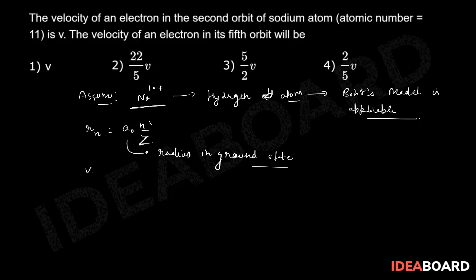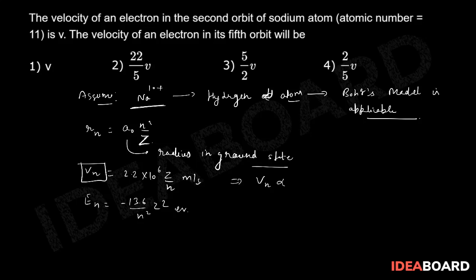So Vn is equal to 2.2 into 10 to the power 6 z by n in meter per second. This is the standard result. And En is equal to minus 13.6 upon n square into z square in electron volts. We know that. So here they are talking about velocity. So from this result I can write Vn is proportional to z by n only.